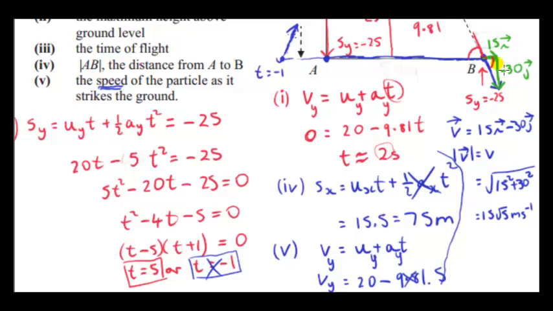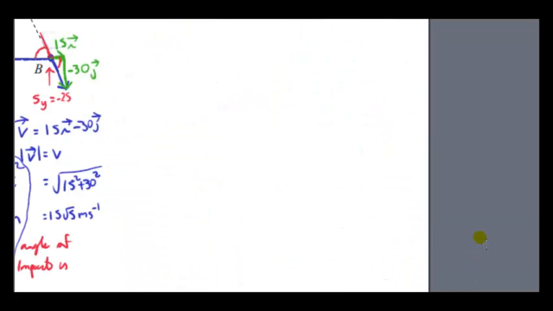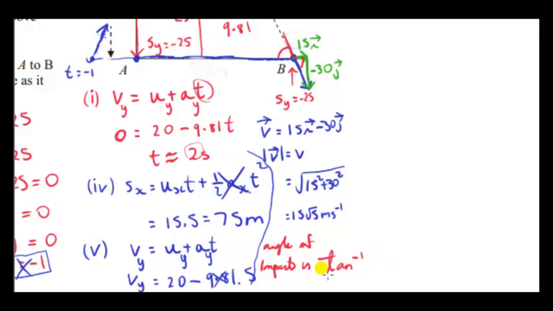But what is that angle? Well, it's inverse tan opposite over adjacent, or inverse sine opposite over hypotenuse. So the angle of impact is inverse tan 30 over 15.